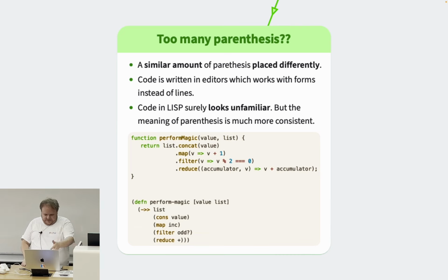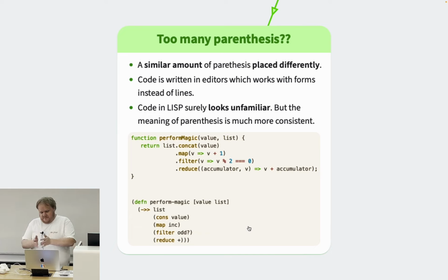But if I look at this example, this is some functional JavaScript, and you can see that there is a similar number of parentheses here and here. But I would also argue that the version on the bottom is much more understandable.